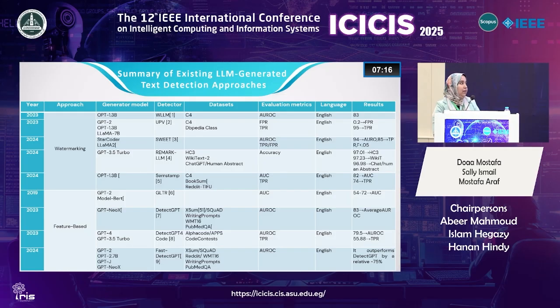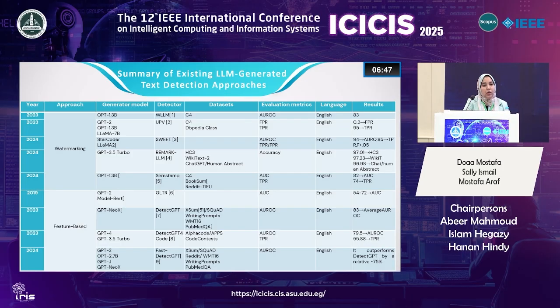This is a comparison between current detection approaches based on their approach. First, in the watermarking approach, there are different techniques. The difference between these techniques is that some work by embedding signals at the token level, and others work by embedding signals in the semantic embedding.